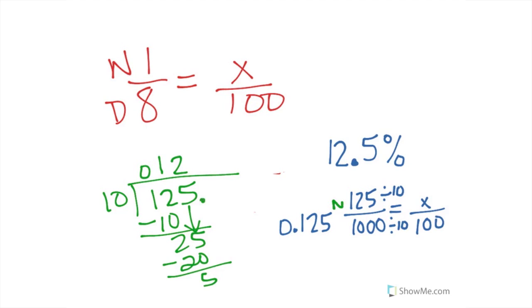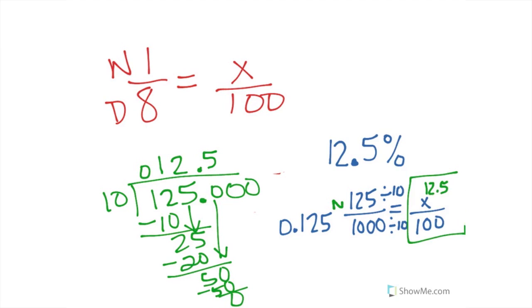I have a remainder, so I'm going to add my decimal and all the zeros in the world. 10 can go into 50, 5 times. And I'm done. So that's 12.5. That's out of 100, so my answer is 12 and 5/10%. Alright, so I hope I wasn't confusing you guys.